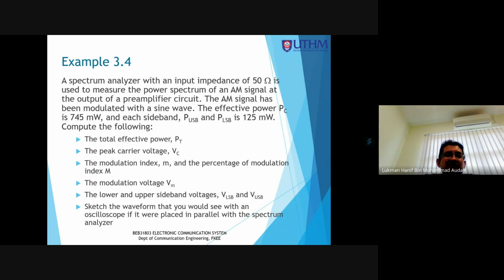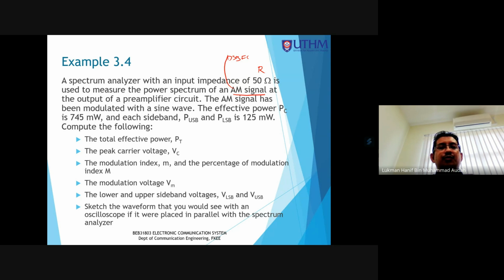Example 3.4: a spectrum analyzer with input impedance of 50 ohm, this is R, is used to measure the power spectrum of an AM signal. Whenever you see AM signal, this is actually referring to the double sideband full carrier.